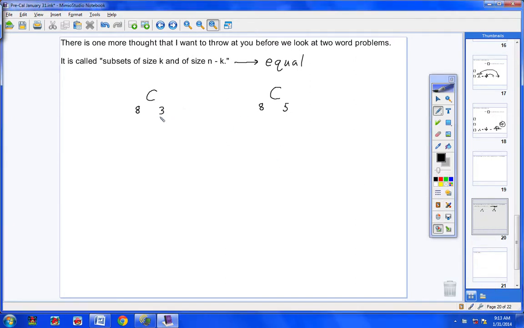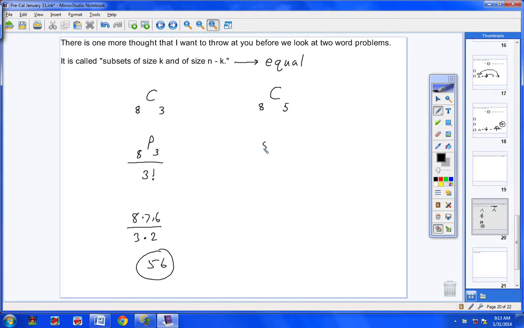Let's see what happens. I'm going to show you a correlation here in a second. If I were to solve this, I would have 8P3, like we just learned, over 3 factorial. Now trust me, if you type this into your calculator, you would have 3 blanks up here, so it would be 8 times 7 times 6 over 3 times 2, and you'll get 56.